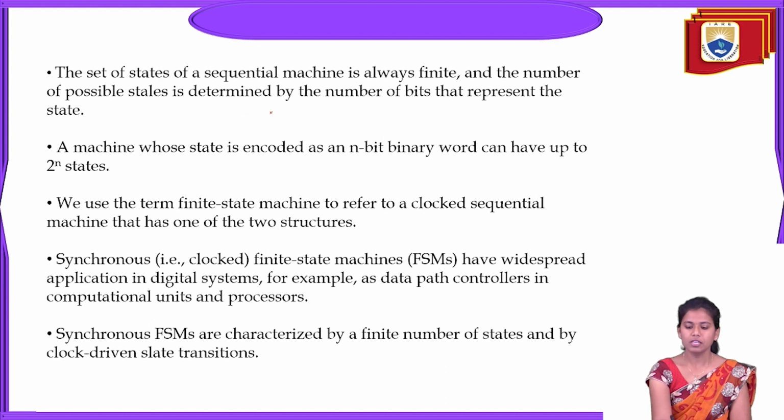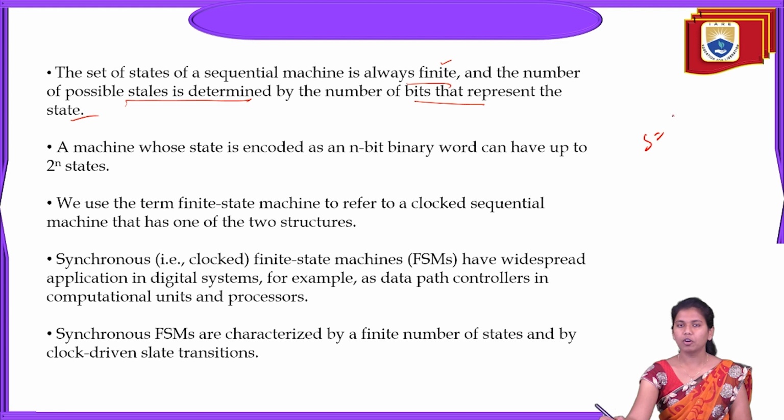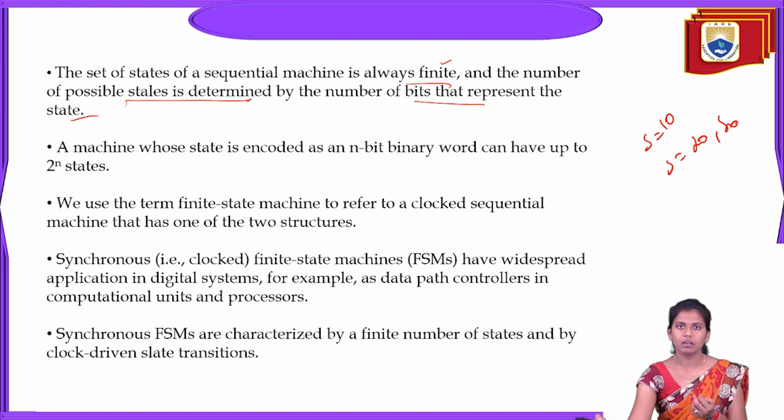The set of states of a sequential machine is always finite, and the number of possible states is determined by the number of bits that represent a state. There is no fixed limit to consider for a particular state count. For example, to design some module I might consider 10 states, but that module may require 20 or 30, or in some cases even infinity.